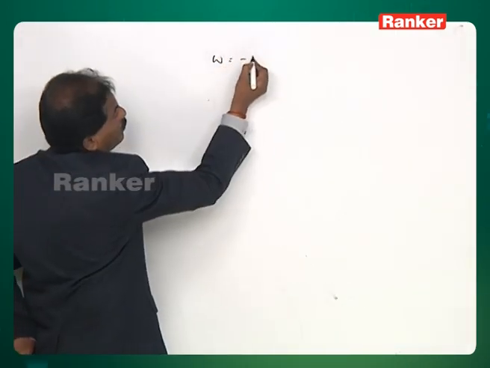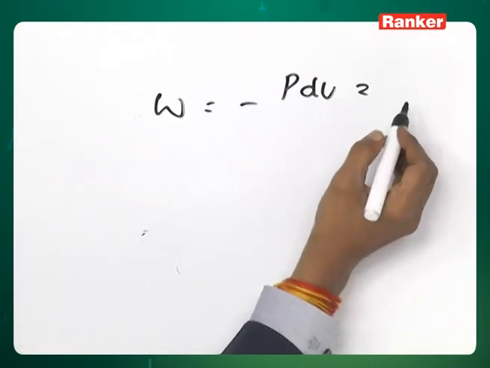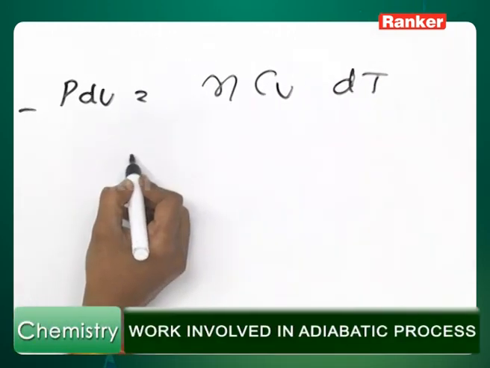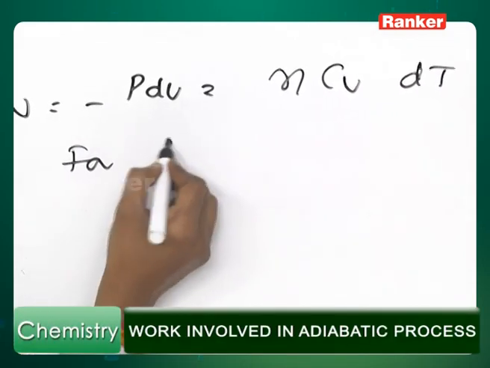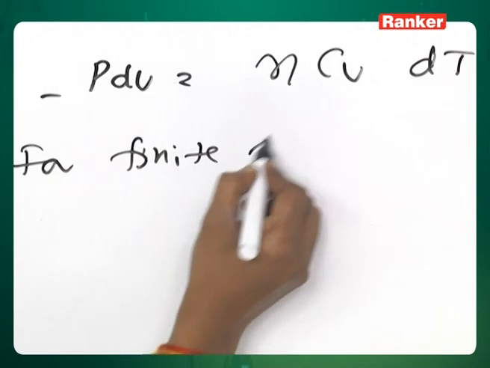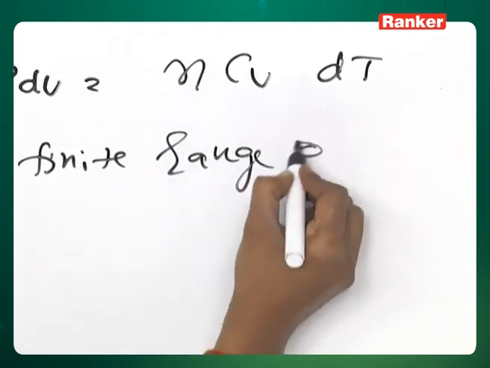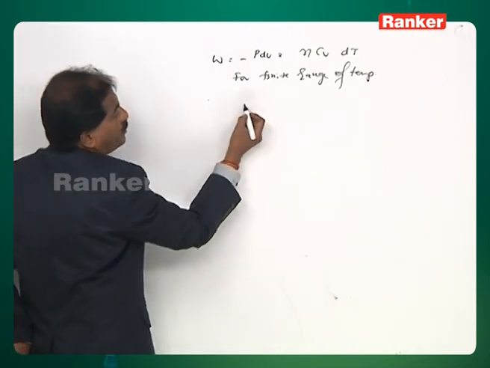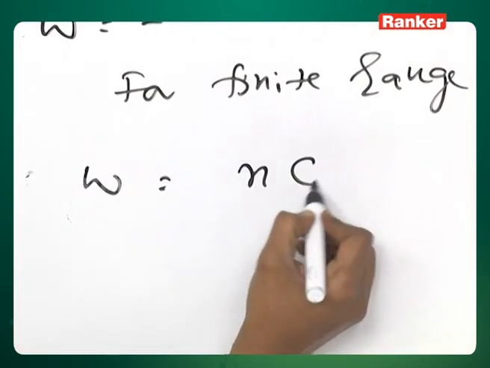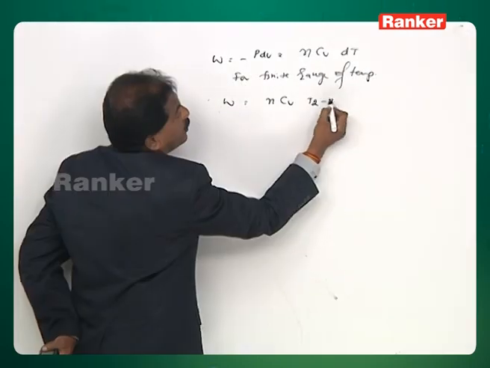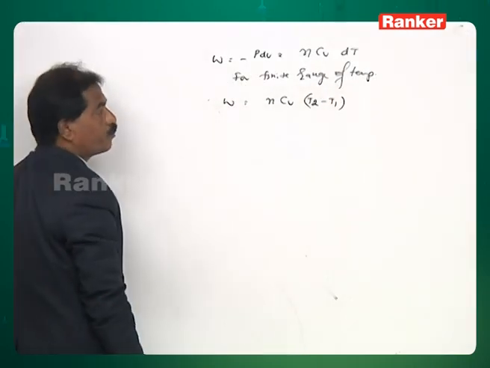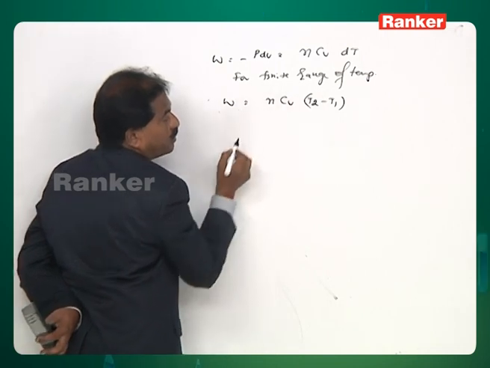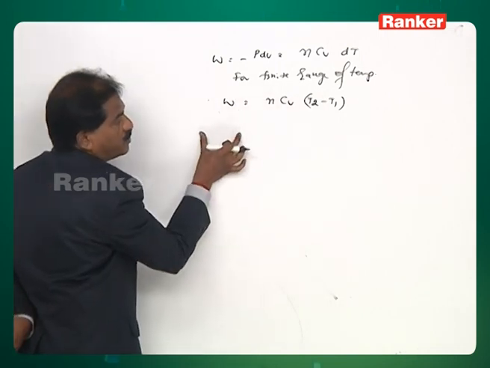Therefore, W is equal to minus PdV, that is equal to nCv dT. Next, for finite range of temperature, W is equal to nCv (T2 minus T1). This is the expression for work involved in the adiabatic process.